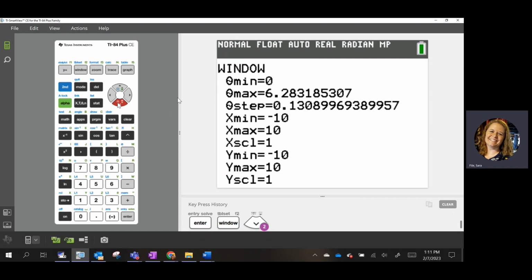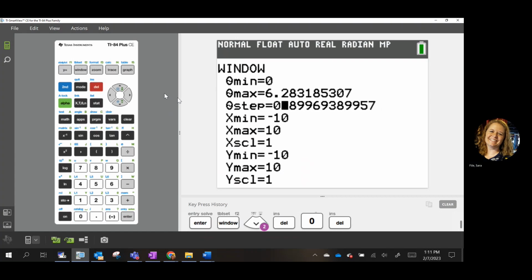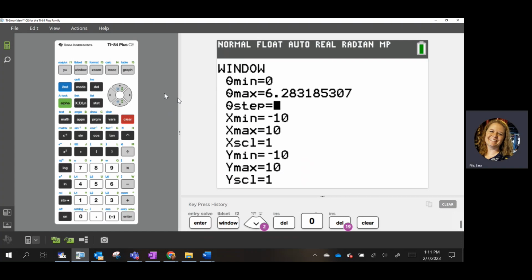The step, what this does, if you clear this out, is the larger the number you have for the step, the faster the graph is going to graph and the more jagged it's going to look. This is saying how often you want a point plotted.